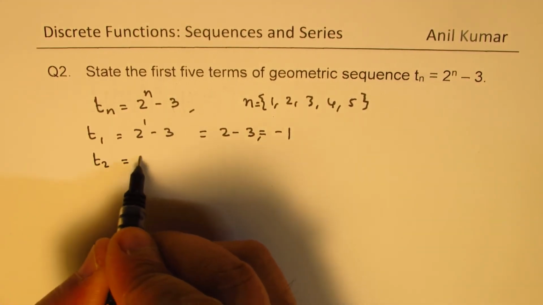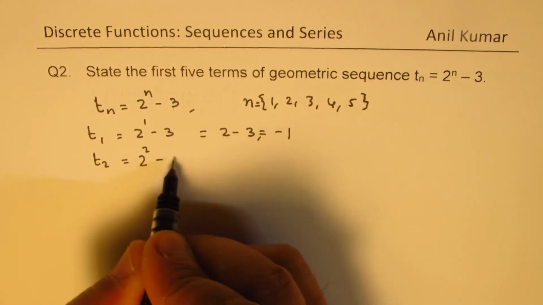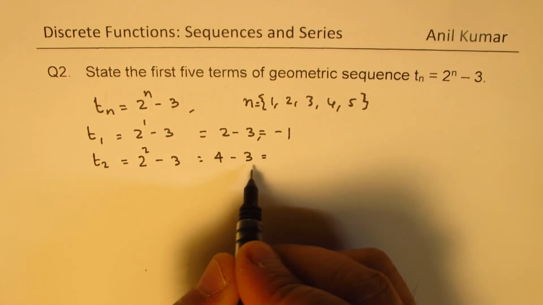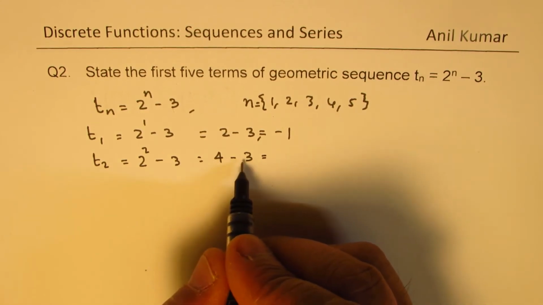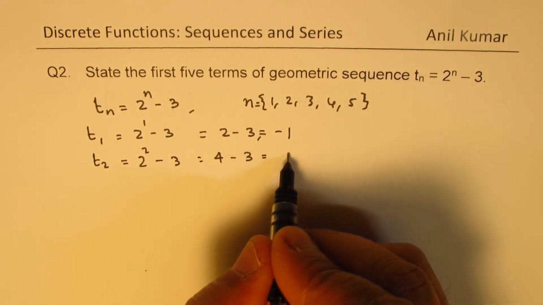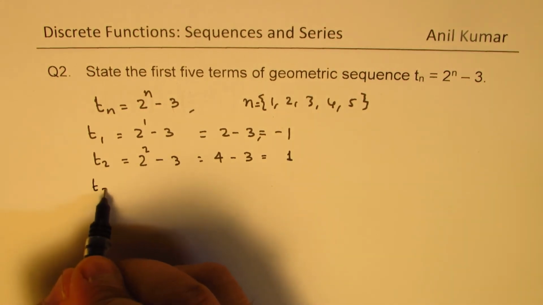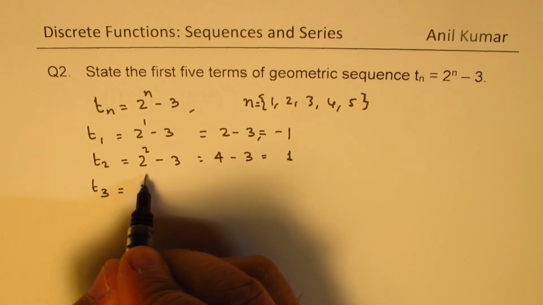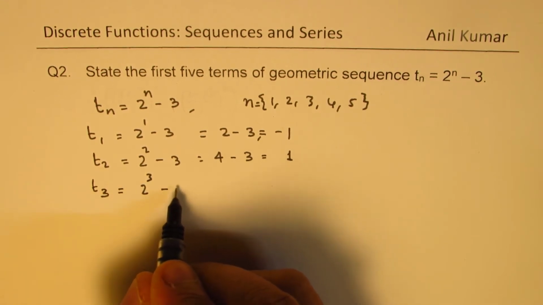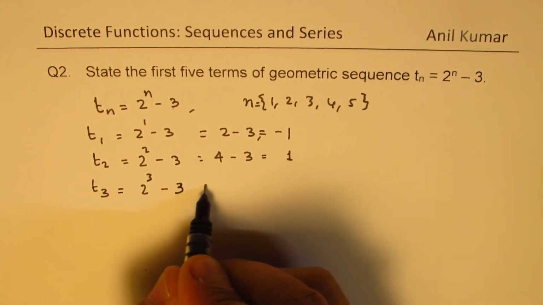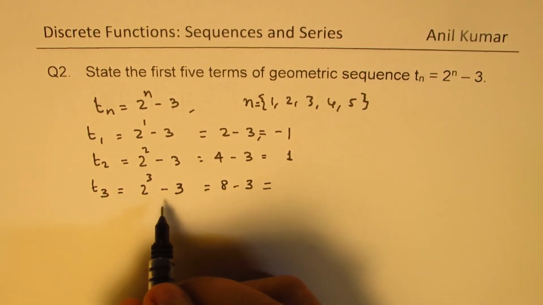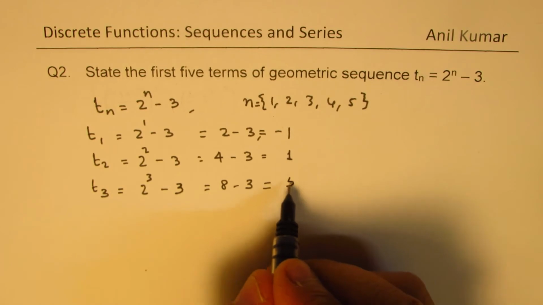T2 will be 2 to the power of 2 minus 3, which is 4 minus 3, and that is equal to 1. Now T3 will be 2 to the power of 3 minus 3, which is 8 minus 3, and that is equal to 5, right?